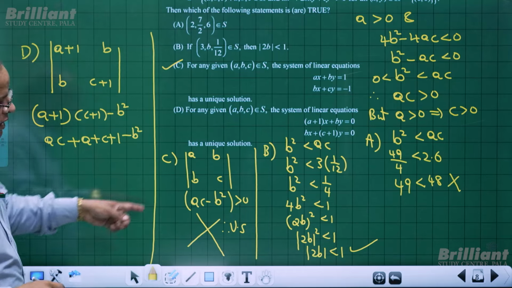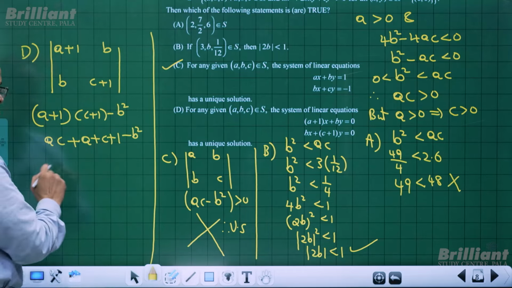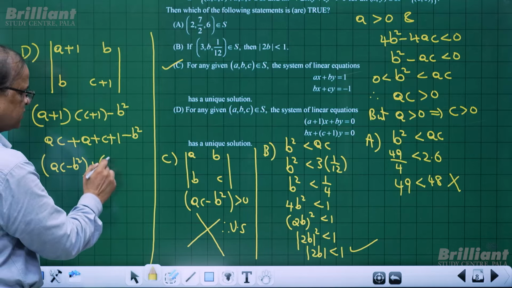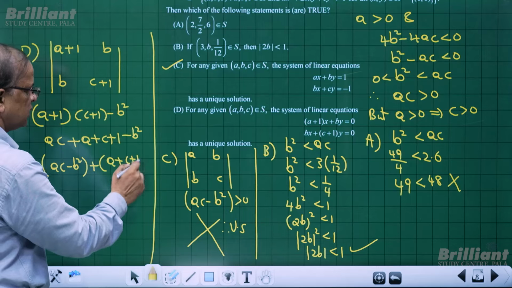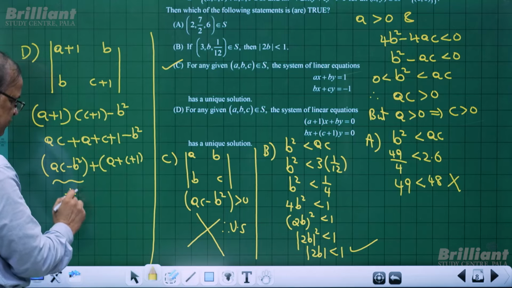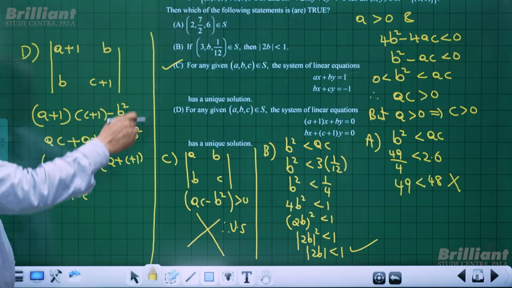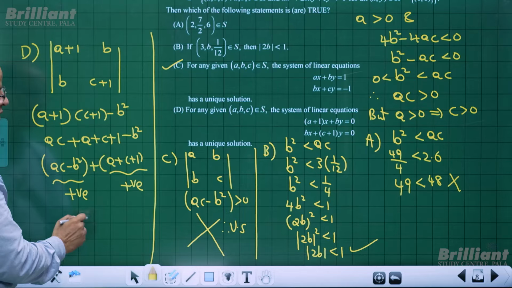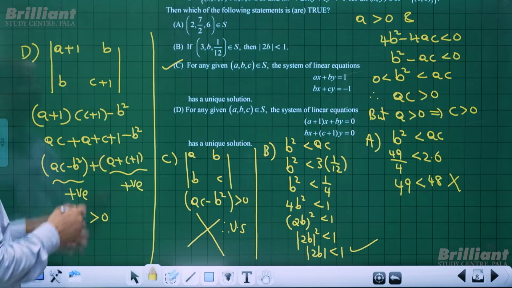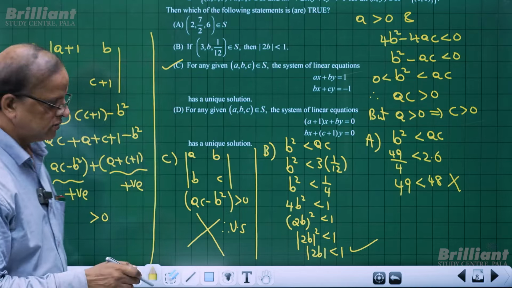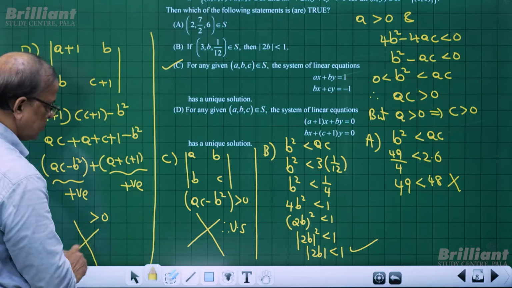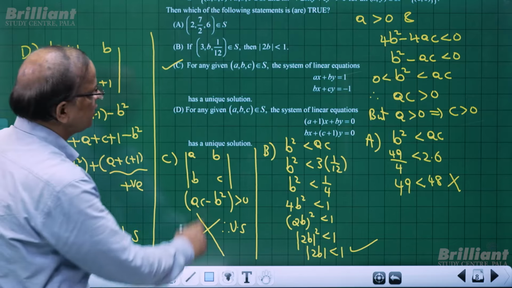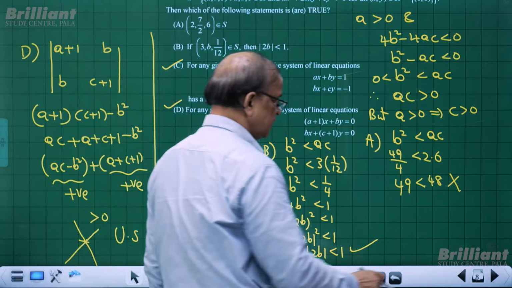Now ac minus b square is positive, and a plus c plus 1 is positive since a and c are positive. So this is greater than 0. Similarly these two lines intersect, so unique solution. Therefore D is also correct.